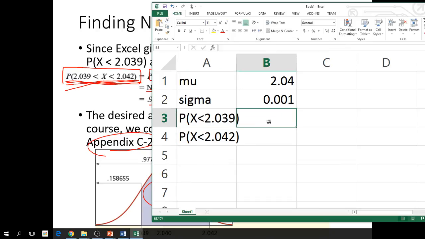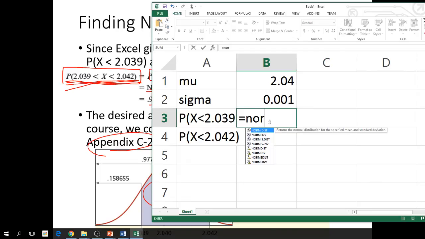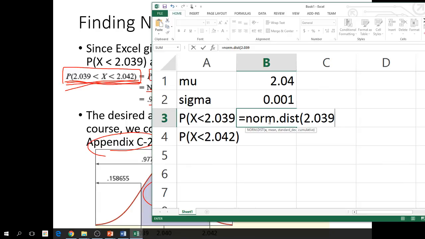So then we can obtain this value using the normal distribution function: 2.039 comma mu comma sigma comma 1.